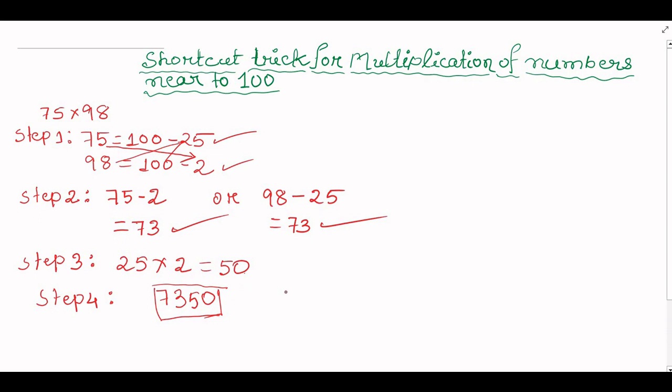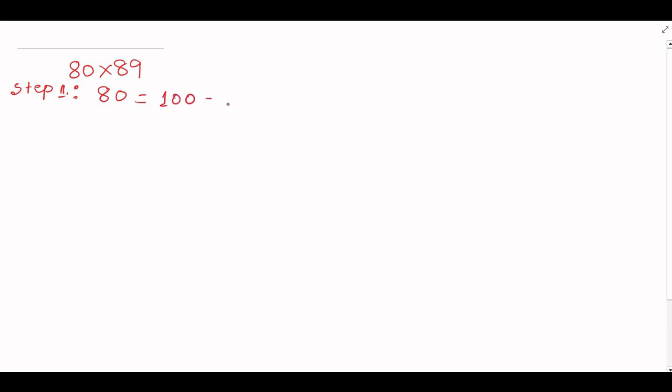So let's take another example. Now again we are taking another example. Suppose 80 into 89. Okay, so the same steps will be followed here. In step 1, first of all we have to take 80 is equal to 100 minus 20.